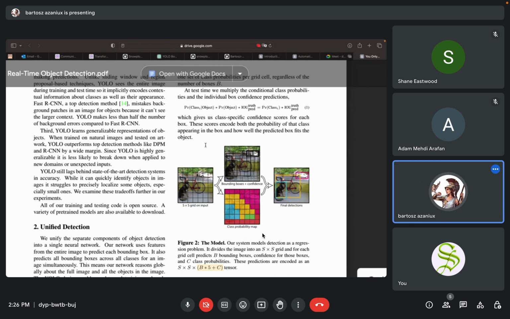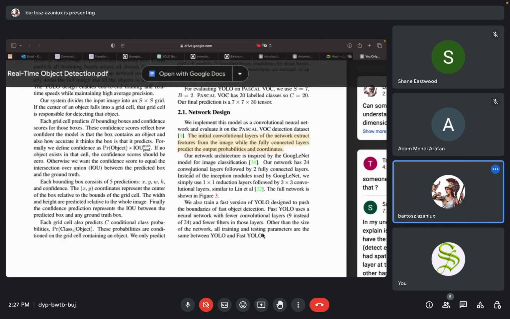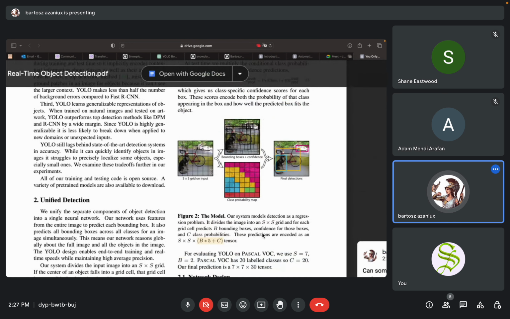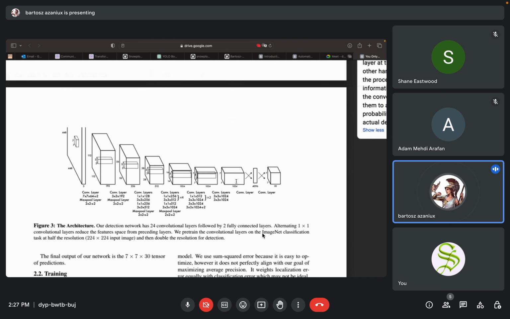So in the training, essentially, wherever the object is, they divide the final, and here's the important note, they say the picture, but they don't actually divide the picture. They essentially divide the final feature map. This part right here is explained pretty well.